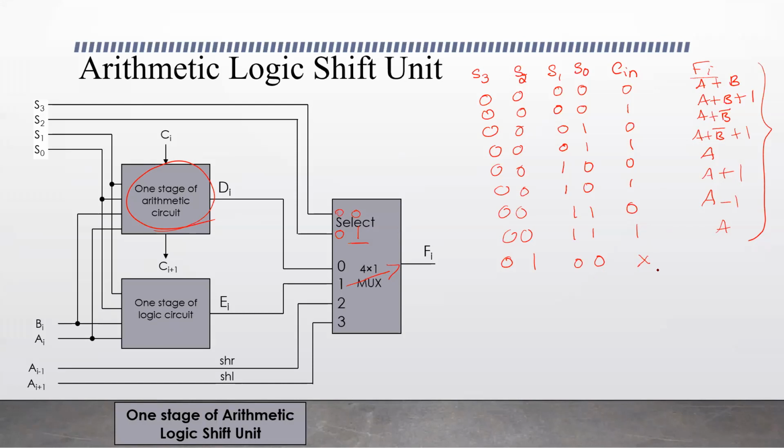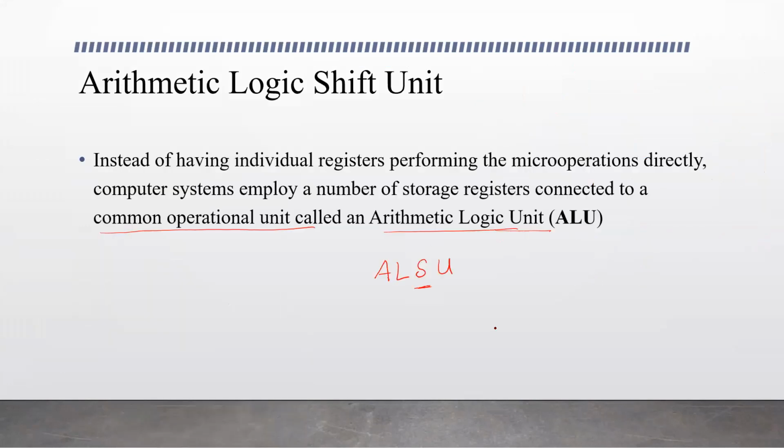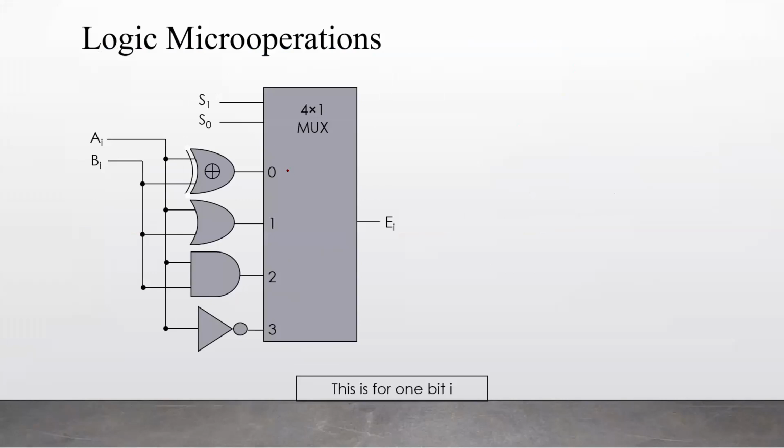And the selection input 0 1 with no carry. Here in our circuit, when it is 0 0, the operation selected is XOR, the 0th one. And when it is 0 1, it is OR.